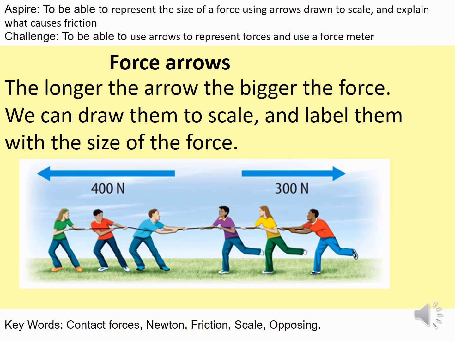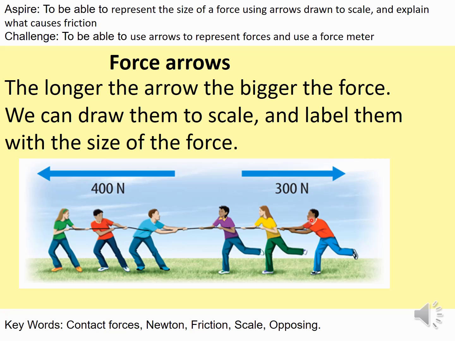Okay, so let's look at another example. The diagram in front of you here has been drawn to scale. We've got a pull force of these three people on this side of 400 newtons, and we've got a pull force on this side of 300 newtons. Now, I'm hoping that you could tell me straight away who would be winning this tug of war.